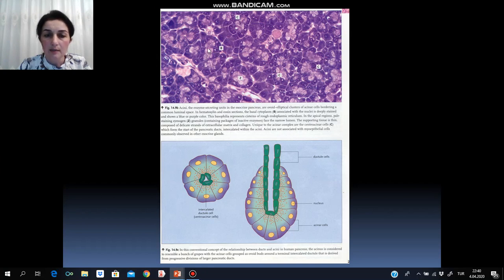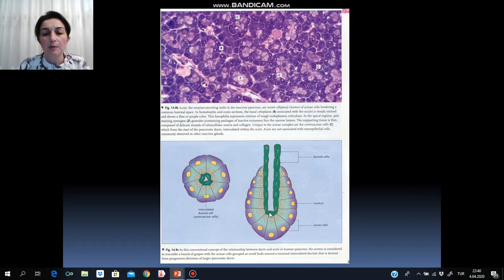And the apical portion of the cell is rich in zymogenic granules. That's why this region is called the zymogenic region. And it has acidophilic cytoplasm because of so many granules, which include pancreatic proenzymes, not activated but proenzymes.